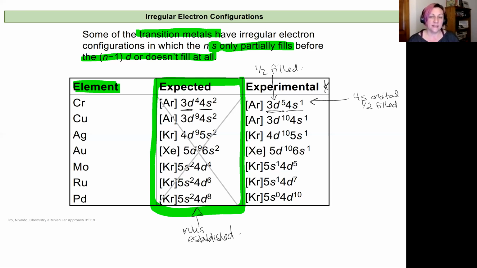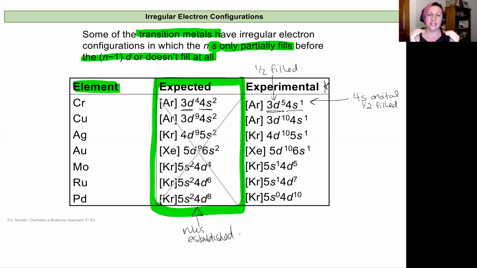And this kind of explains Hund's rule, where you half fill all of your orbitals of the same energy first before you pair electrons. Once you start pairing electrons in the same orbital, there is a greater amount of repulsion that will occur within it, and that actually destabilizes the orbital. It increases its energy a little bit.